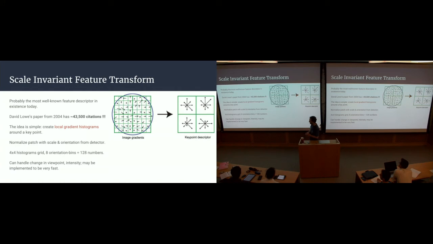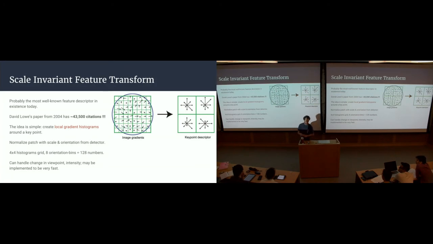You also take care of some overall orientation and scale and so on. We saw how to do it. It's just normalization. If something is rotated by 40 degrees, you rotate back, and then you do your histogram of gradients. If something is at a bigger scale, you normalize the scale, and you take your histogram, and so on, right?